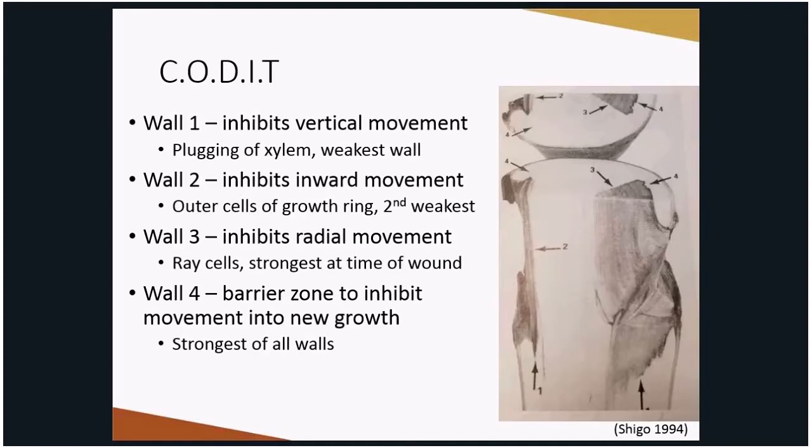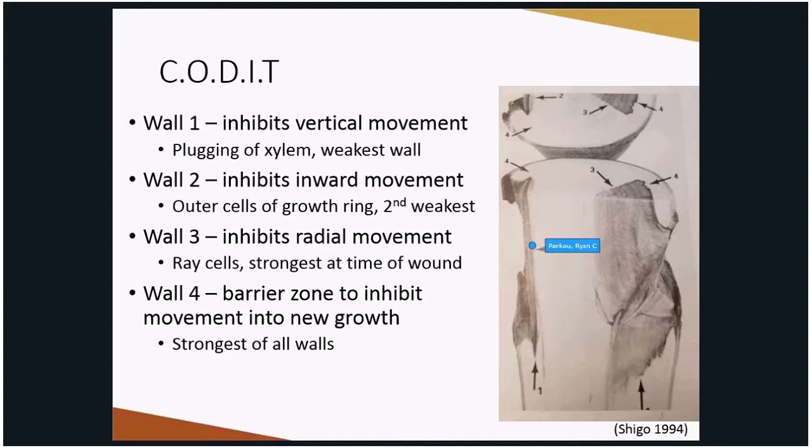And here's just another example from one of Shigo's books, where it shows on a real chunk of tree some of those different walls. Here's a large wound on the side of the trunk. Here's wall 1 stopping that rot coming downward. Here's wall 2 that stops that growth into the rings inside of that growth.